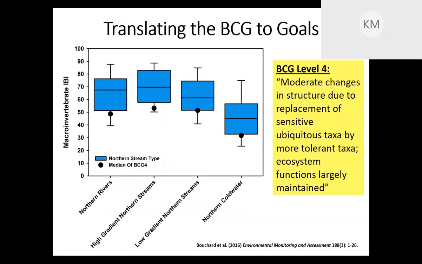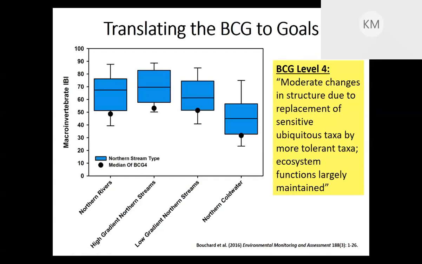So what we did was pretty straightforward. We looked at those reference sites where we were fairly confident that they represented the minimally disturbed conditions of northern stream types, and looked at how they related to different statistics on that BCG. Long story short, BCG 4 fell out as being closest to that 25th percentile, or at least falling between the 5th and 25th percentile of that reference distribution. Based on discussions, BCG level 4 is probably consistent with attainment of those goals.